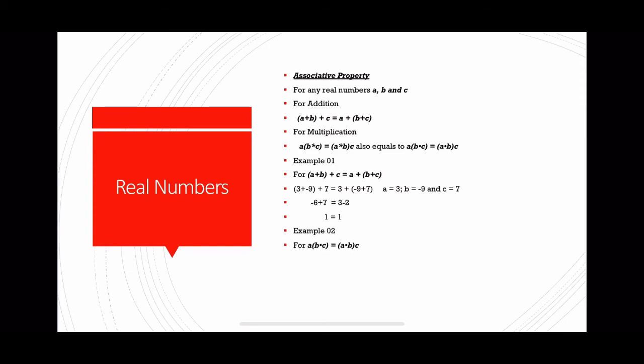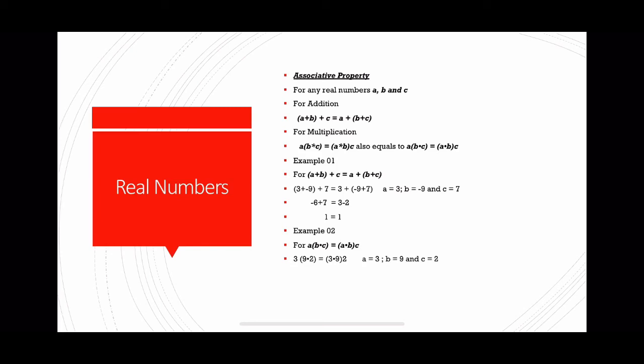For example number 2, we have 3 multiplied by (9 dotted with 2) is equal to (3 dotted with 9) multiplied by 2, where a is equal to 3, b is equal to 9, and c is equal to 2.